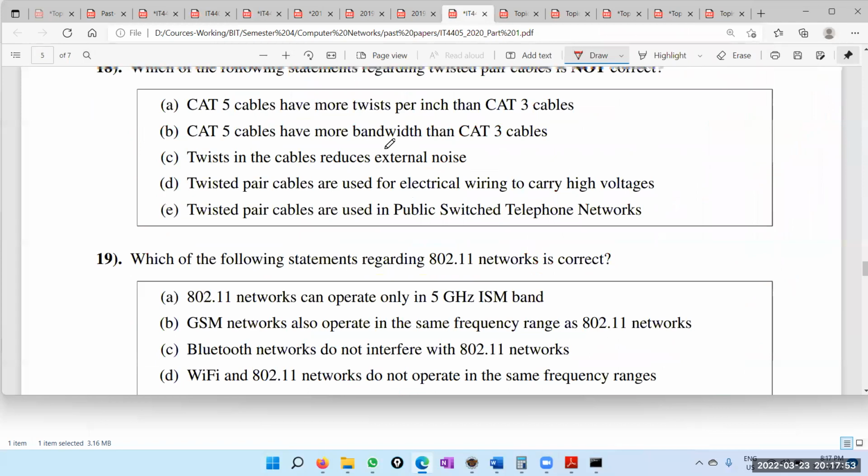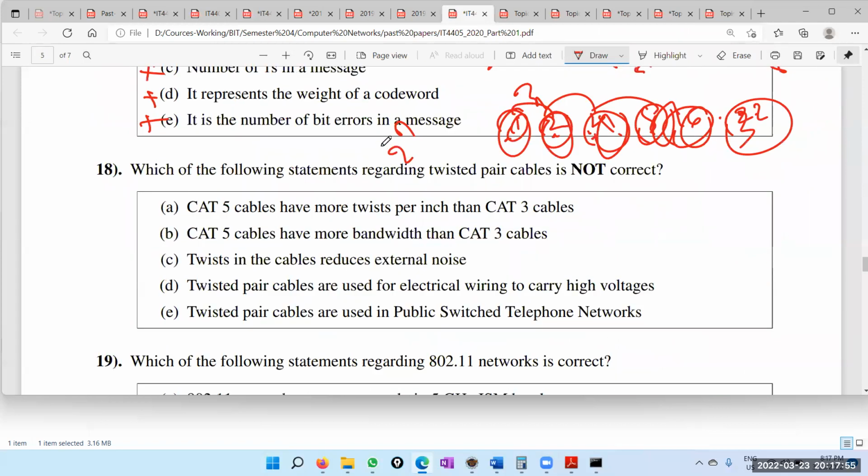Right. 18. Which of the following statements regarding twisted pair cables is not correct? Right. Not correct. We know that twisted pair cables are used especially for local area networks, and also very rarely for long distance. Long distance we use mostly fiber optics. Okay.